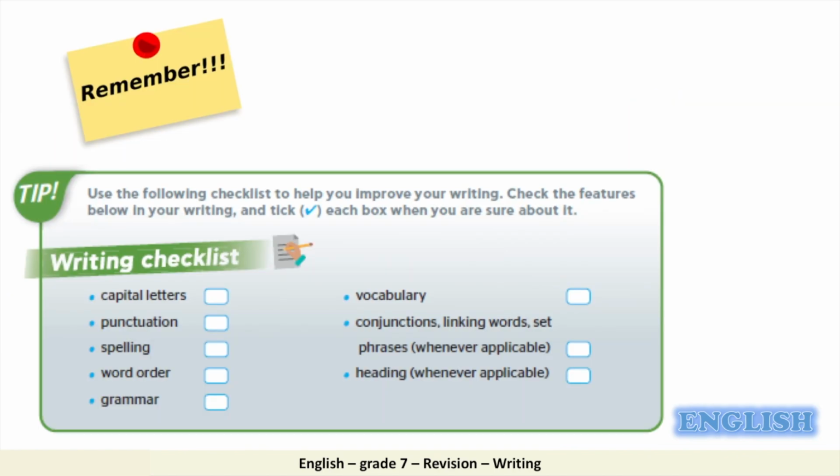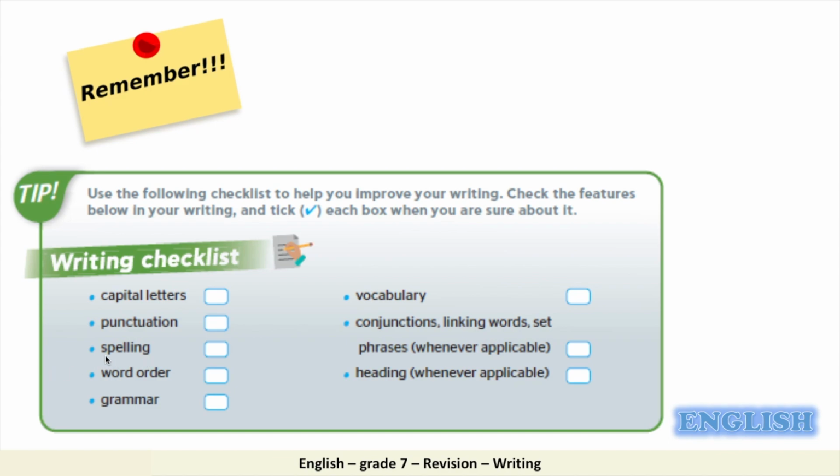Before we start revising the topics, please keep in mind the following writing checklist whenever you have a writing task. It's important to start your sentences or proper nouns with capital letters. You also need to pay attention to punctuation as it will help the reader understand your ideas.